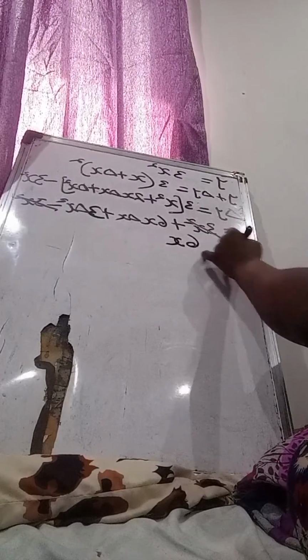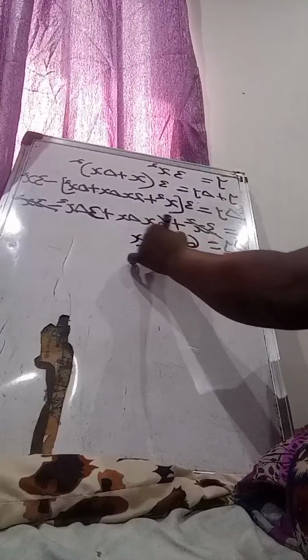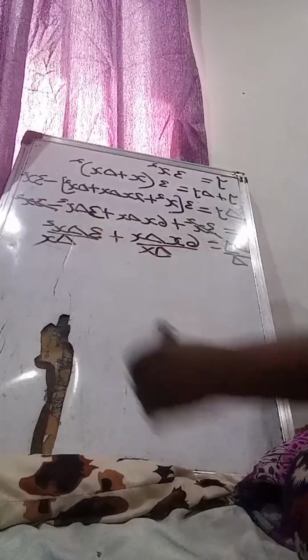Okay. So coming down, we have changing y over changing x, Abby, equal to 6x changing x over changing x plus 3 changing x squared over changing x, right? So that here can cancel here, and here can also cancel here.